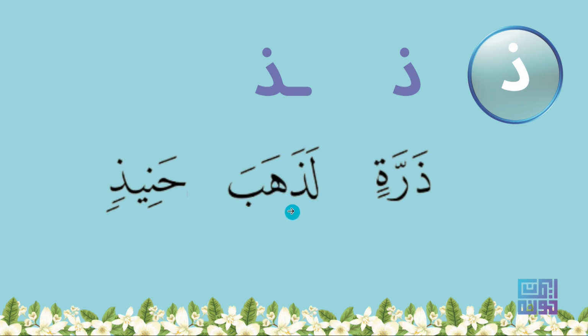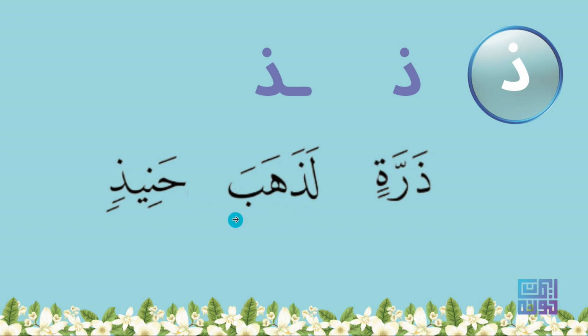In this word, the letter Dal is connected with the letter before it because it always does, unless the letter before it does not allow this. So the Lam allows to be connected with the letter after it and the letter before it. So this is how we will see the letter Dal at all times. It is not connected with the letter that comes after it.